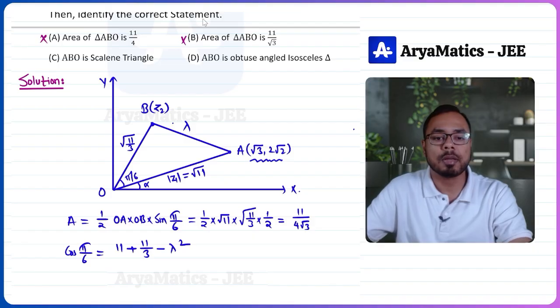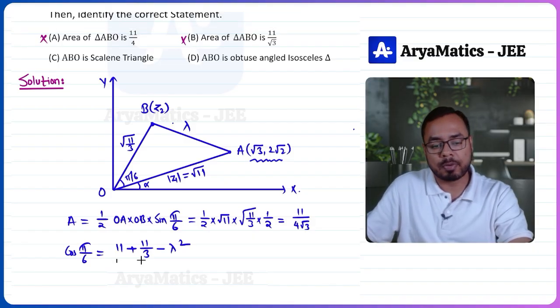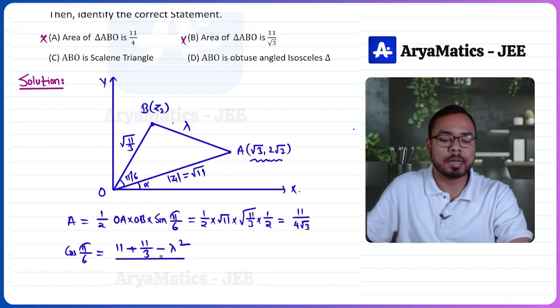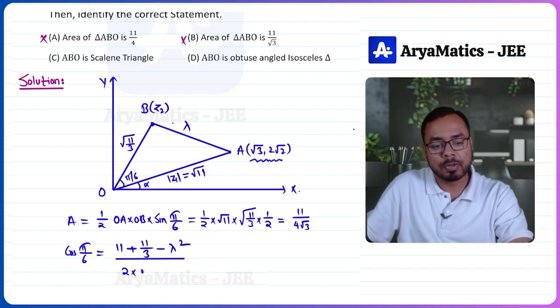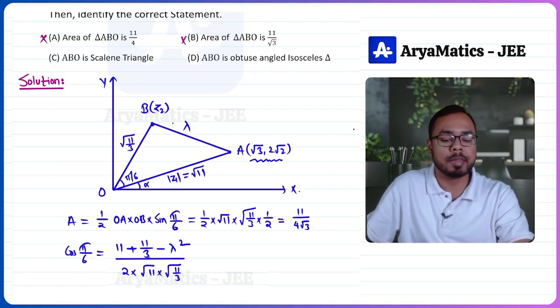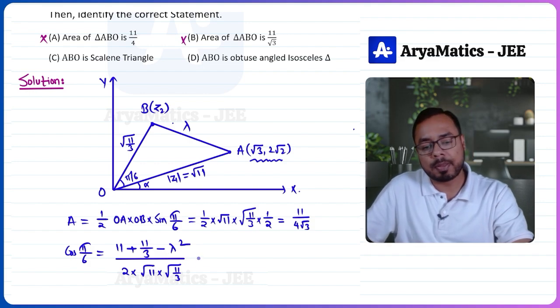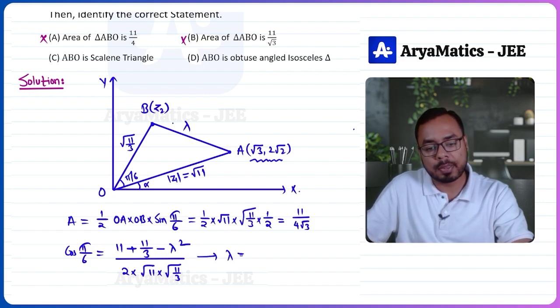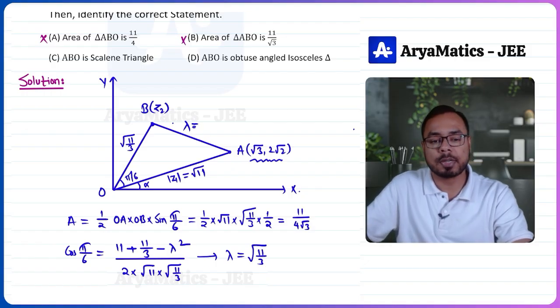That is the cosine formula: cos of any angle is the sum of squares of the two adjacent sides minus the opposite side squared, divided by twice OA into OB. OA is root 11 and OB is root over 11 by 3. So using this formula, we can find the value of lambda. Once you simplify this and do the calculation, you will find that lambda will be root over 11 by 3, right? So that means this third side is root 11 by root 3.